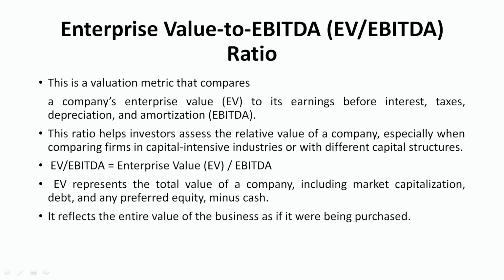The second type of valuation ratio is enterprise value to EBITDA, which has importance. What does this actually say? It talks about the company's enterprise value to the earnings before depreciation, amortization, interest, and tax. Okay, and how is this particular ratio being used? It is used by investors to understand the relative value of a company.